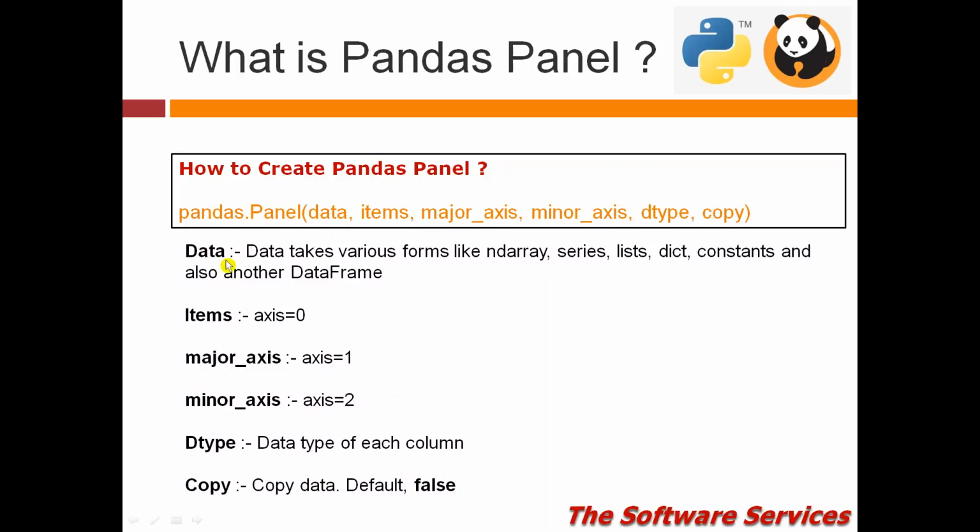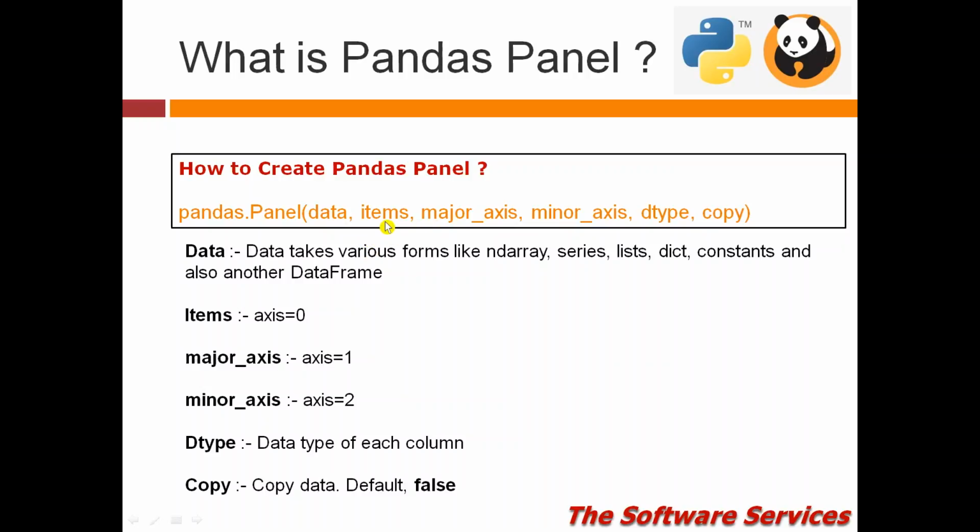Data may be a NumPy array, series, lists, dictionaries, constants, or another data frame. By passing the ndarray or series or lists or dictionaries or constants or another data frame, we will convert that into a panel.